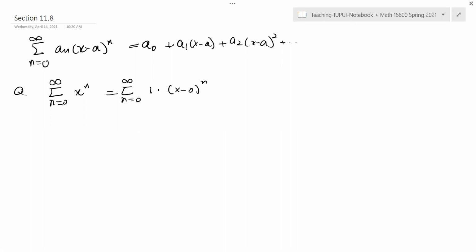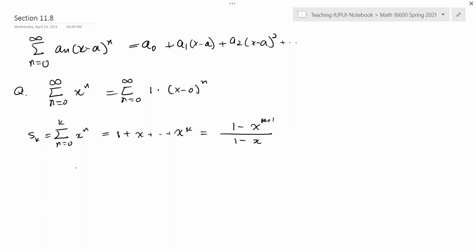So we take the partial sum, and we record the formula. This is going to be 1 minus x to the k plus 1, over 1 minus x.